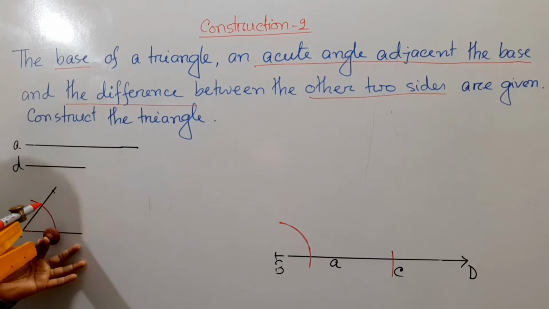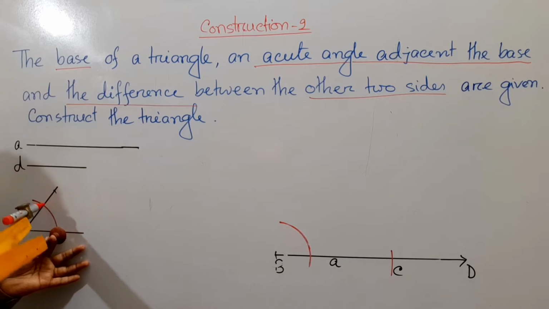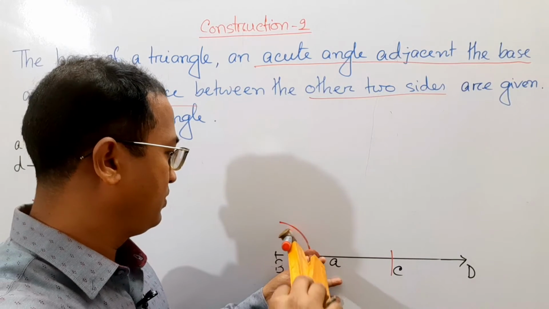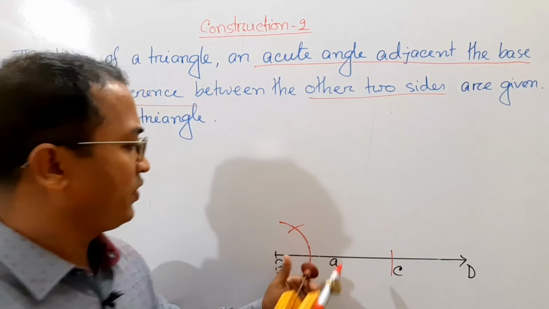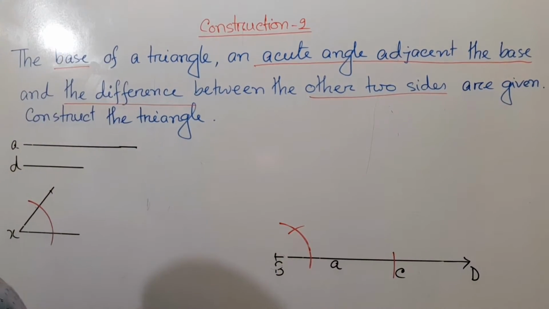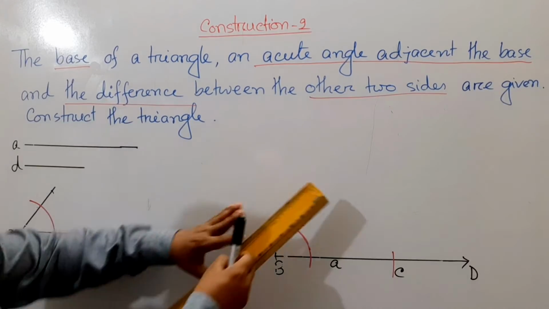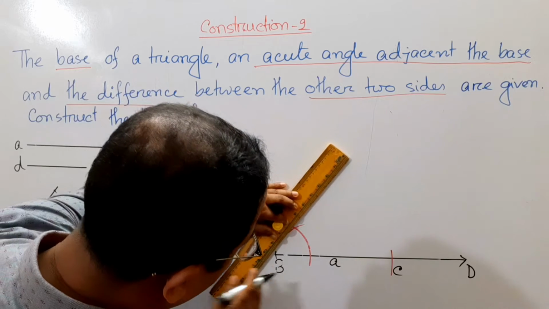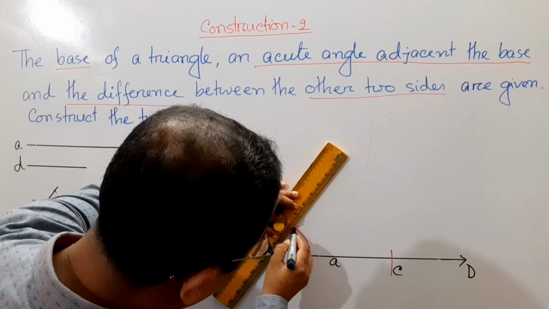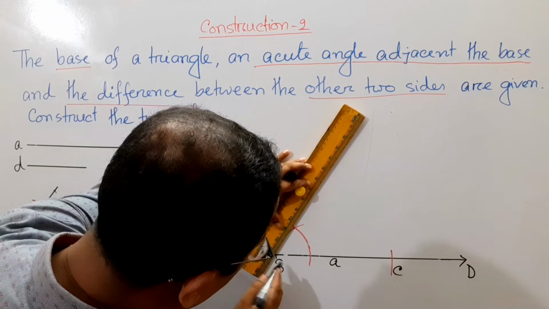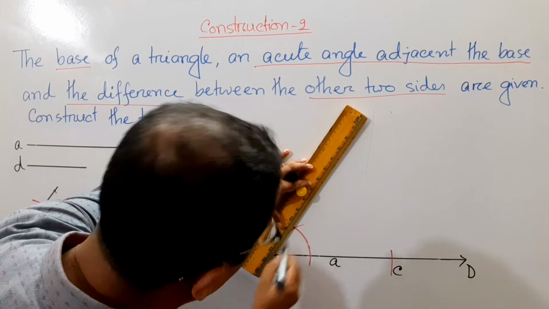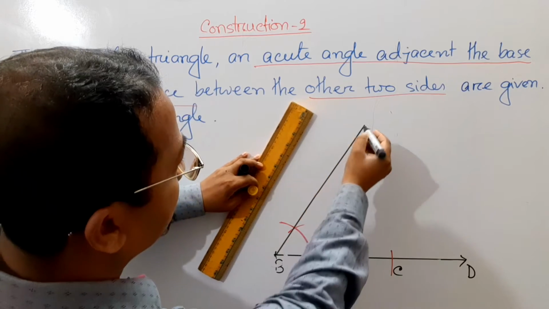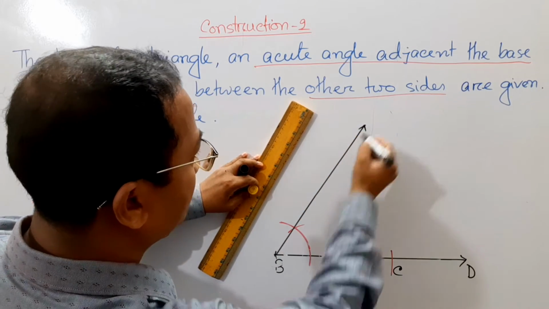Now take the measurement of these two points and set it over there. Now join these two points. It will be the required angle. So this is the required angle CBE.